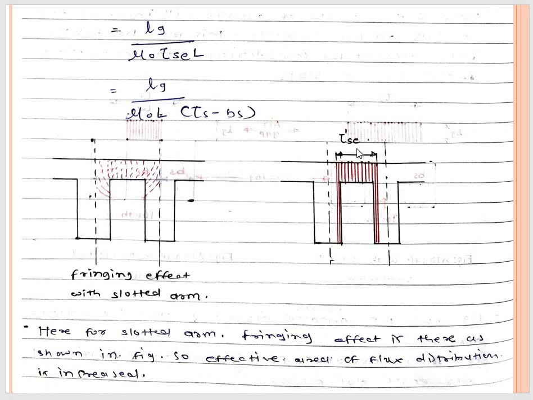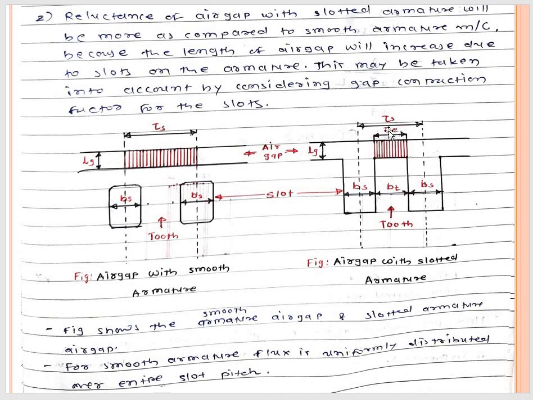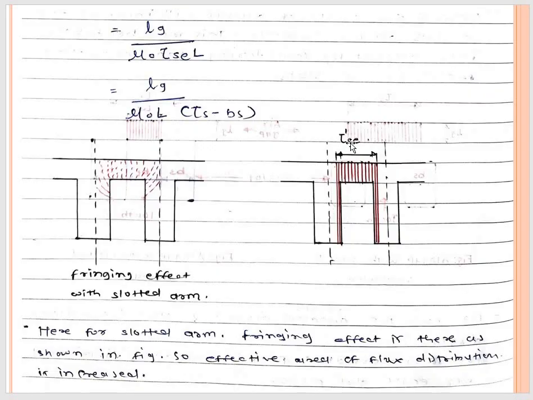So we will now consider the effective length of the flux distribution as tau se dash. Tau se dash is slightly greater than tau se because of the fringing effect.